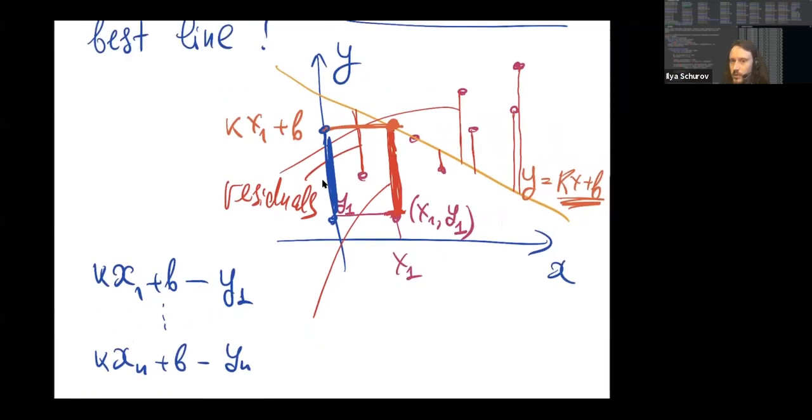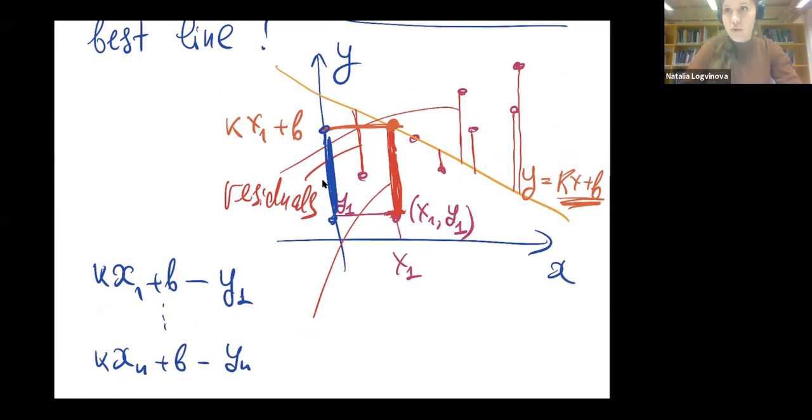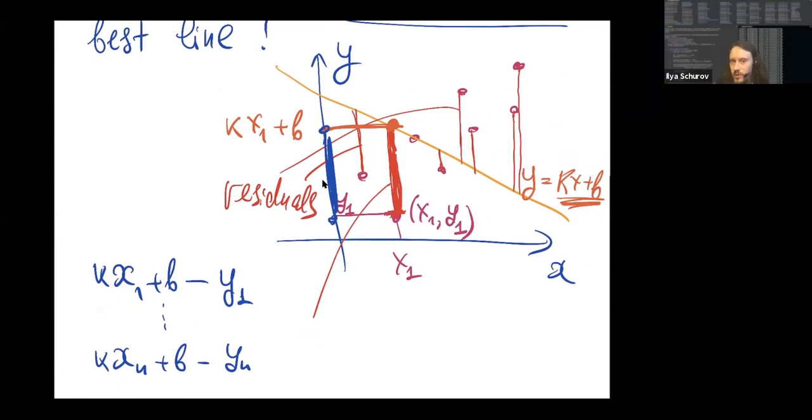What we want from these residuals, do we want them to be small or large? We want them to be small, yes, because this residual is just a kind of error. It shows us how far our straight line, our model, is from our data. So we want to minimize them.